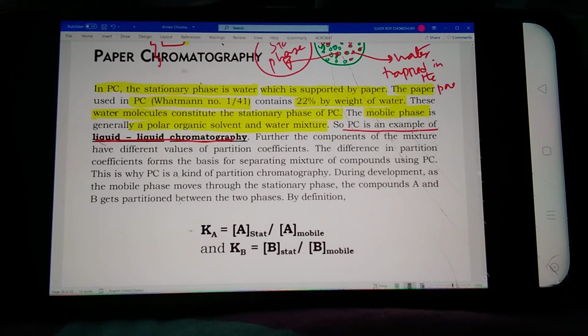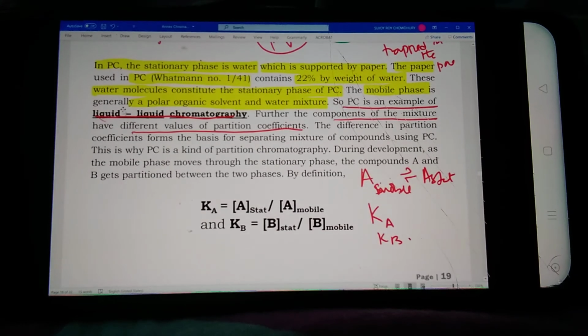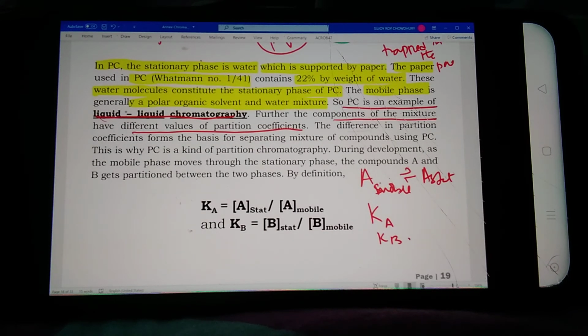Further, the components of the mixture have different values of partition coefficient. This I was telling because some part of A is in the mobile phase and some part in the stationary phase. So there is a partition coefficient of A, and similarly a partition coefficient of B. The difference in the partition coefficient forms the basis for separating a mixture of compounds using paper chromatography.